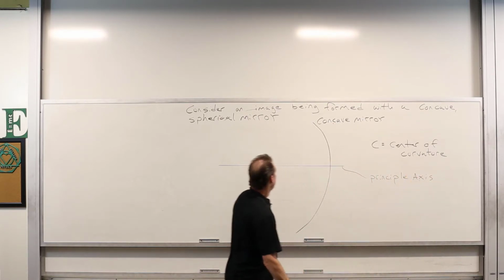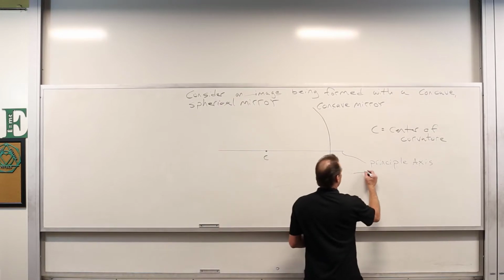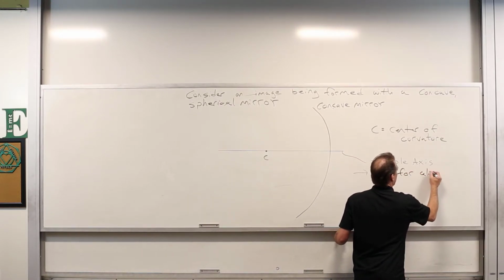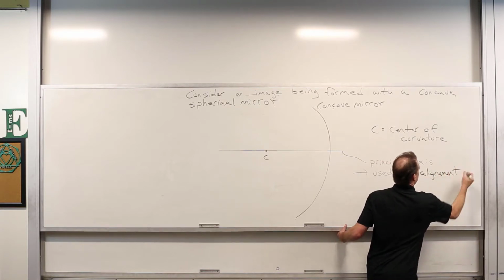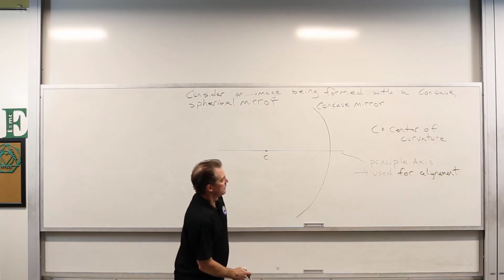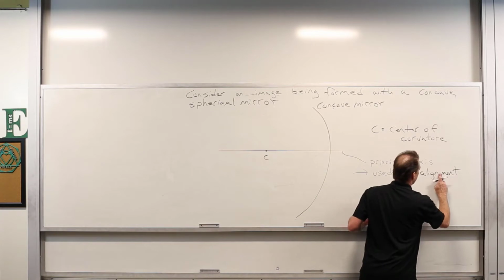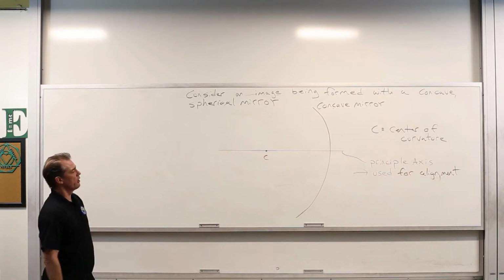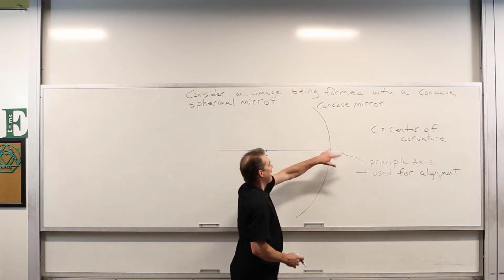Principal axis, used for alignment. It goes through the center of curvature and goes through the mirror at normal incidence.